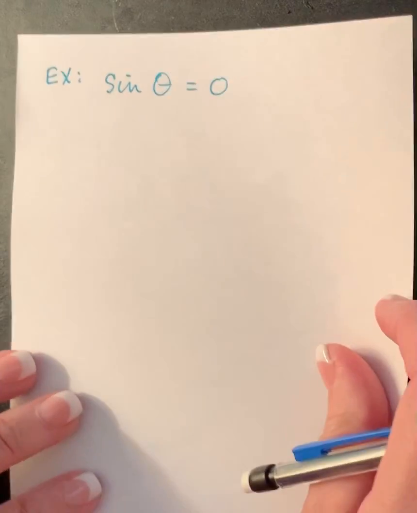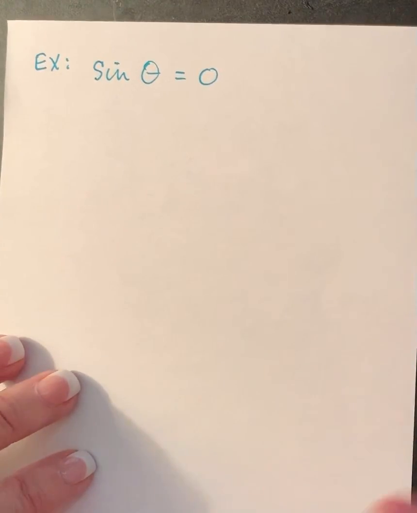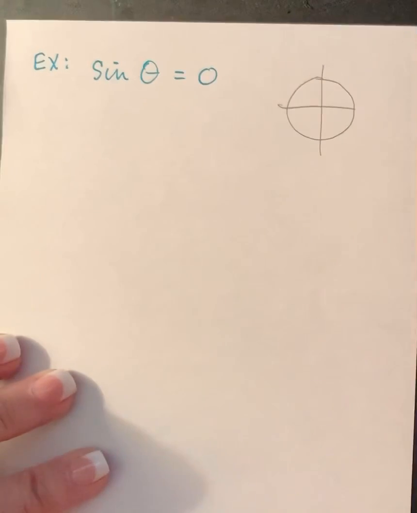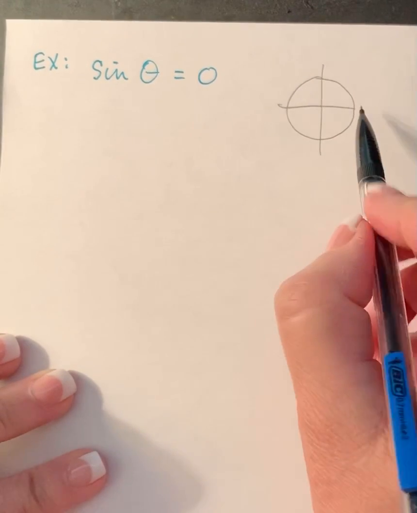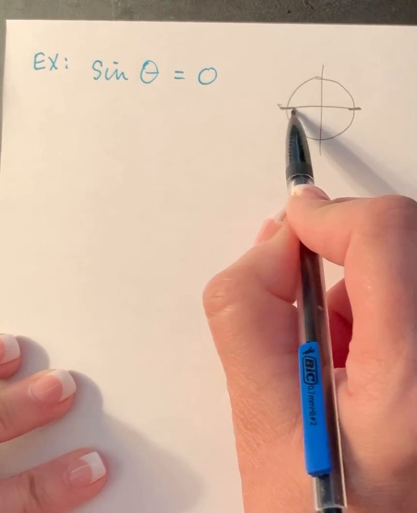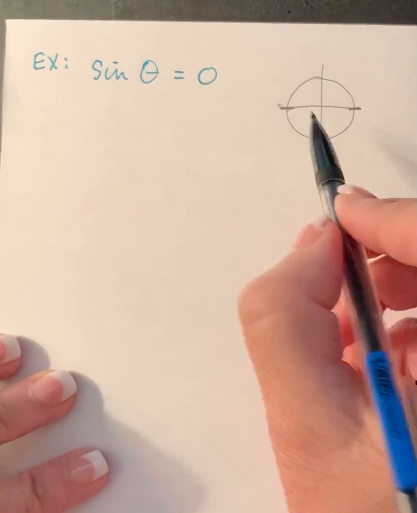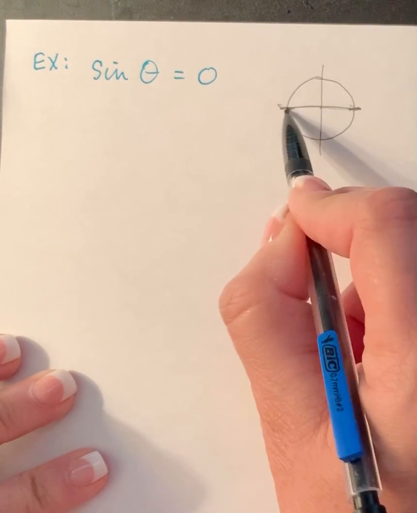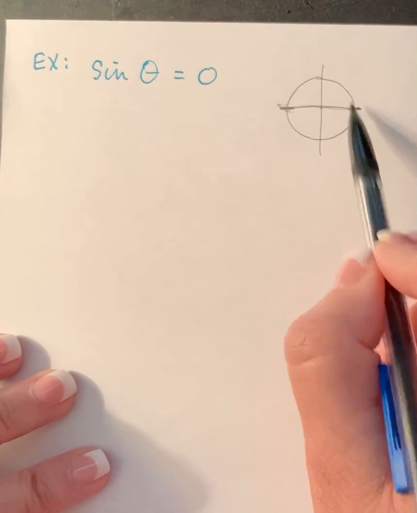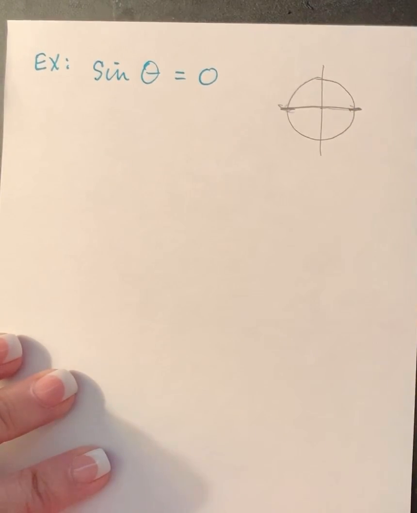Okay, one last one. Solving the sine of theta being equal to 0. Okay, so on the unit circle, sine is equal to 0 at 0 and also at pi. This is a situation like what we were just looking at in the last one, that the two locations on the unit circle are directly across the circle from each other.